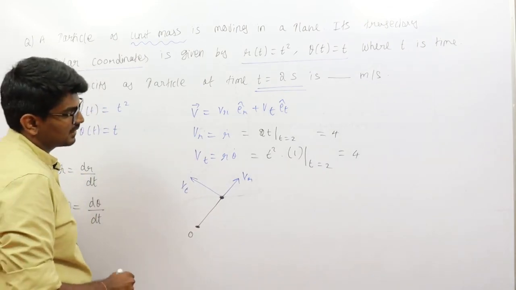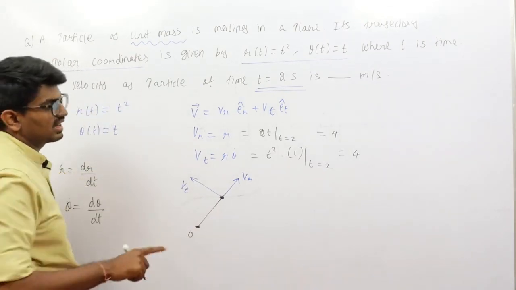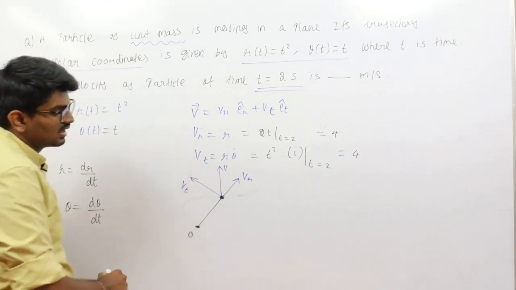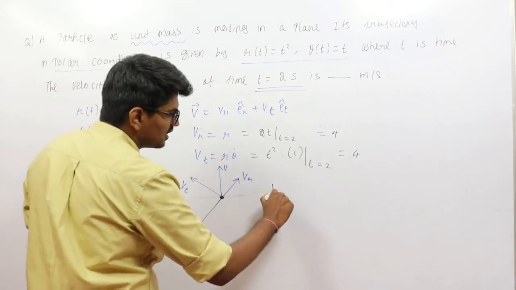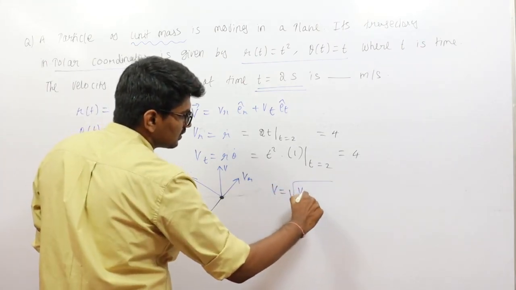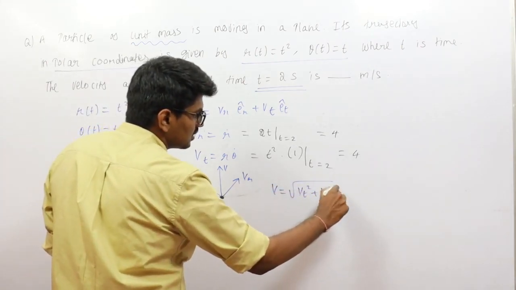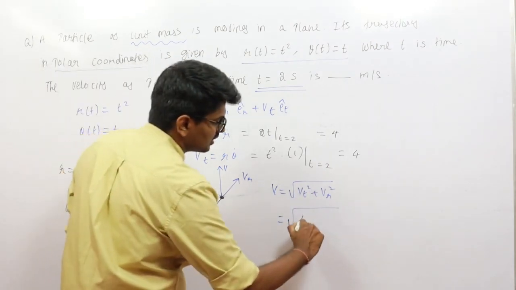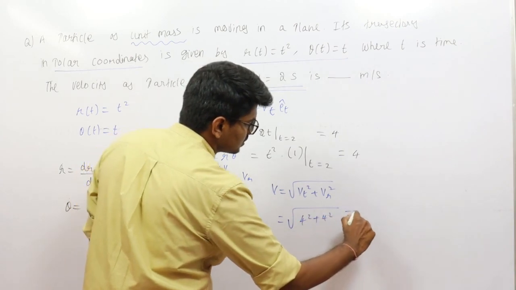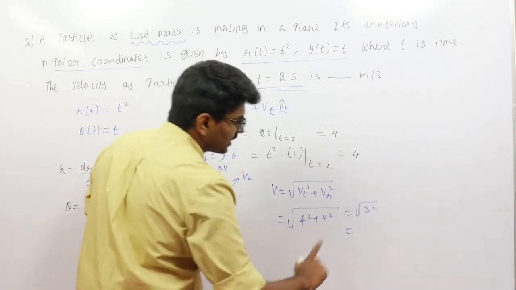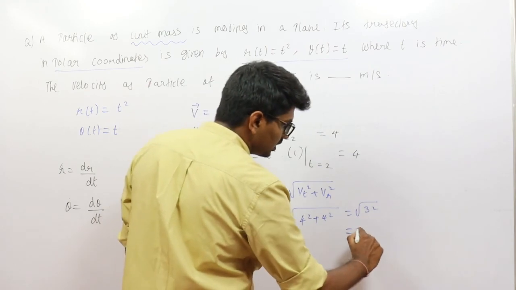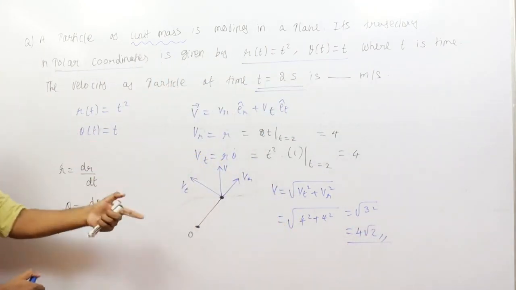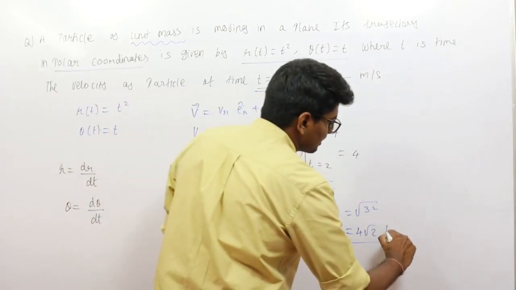Now I need to find the velocity of the particle, which is nothing but the resultant. The resultant of these two will be in this direction, which is V. So how to find it? Very simple. V will be equal to root of Vt square plus Vr square, which is root of 4 square plus 4 square, which is root of 32. That is 16 into 2, so 4 root 2. So the correct answer will be 4 root 2 meter per second.